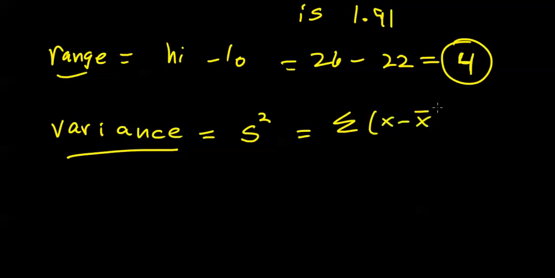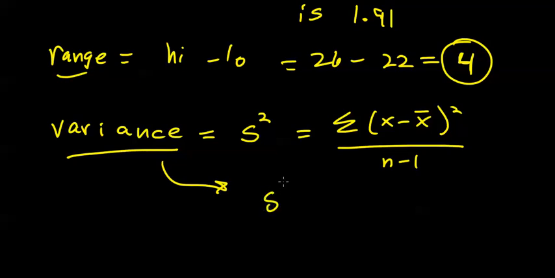And as you can tell, we've already computed this on the way to getting the standard deviation. So my variance for this example, s squared, is going to be 11/3, which is 3.67 in decimal.